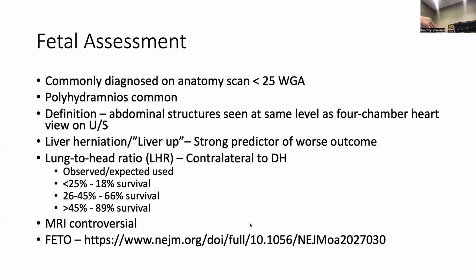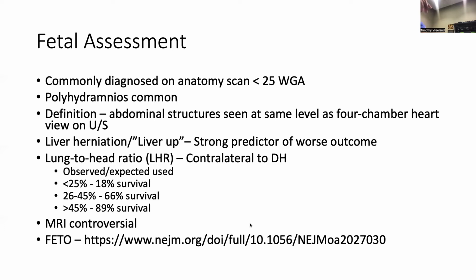So, fetal assessment. Routine prenatal care will detect the vast majority of these defects nowadays. You get your anatomy scan, most people around 20 weeks, but usually it's diagnosed at less than 25 weeks of gestational age.